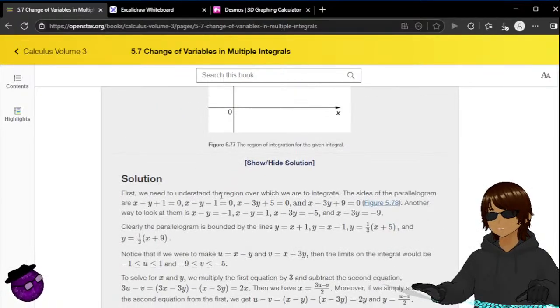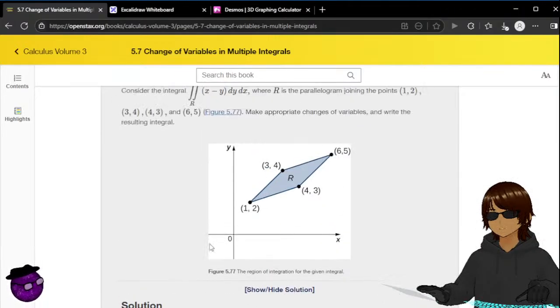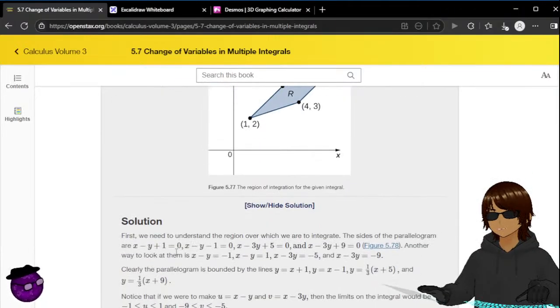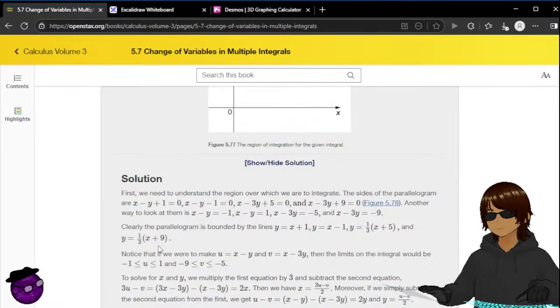First, we need to understand the region over which we integrate, the sides of the parallelogram. x minus y plus 1 is equal to 0. Which side is this? I think it would be easier to understand if it was written in terms of y. So the first one is y is equal to 1 minus x, right?